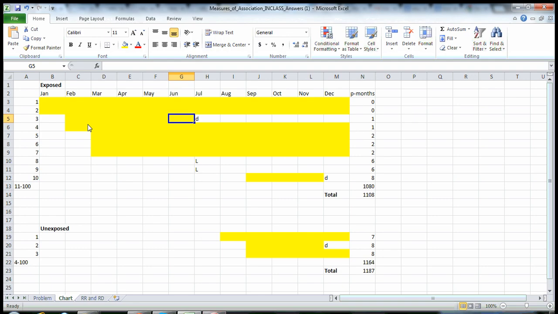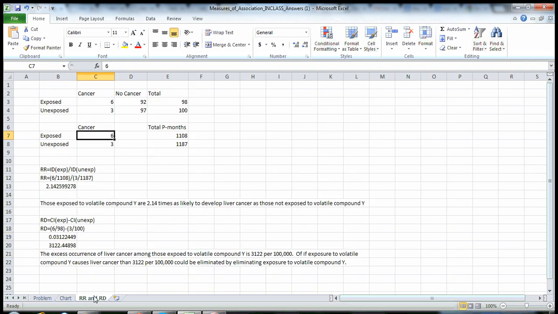So we got 1, 2, 3, 4, 5, 6 new cases. Remember, these 2 individuals who came into the study with disease did not count. And then in our unexposed group, we've got 3 new cases. So we put a 6 for our new cases in exposed and 3 in our new cases for unexposed.